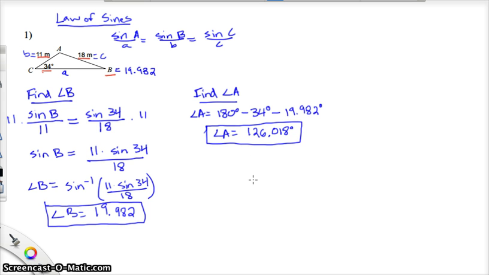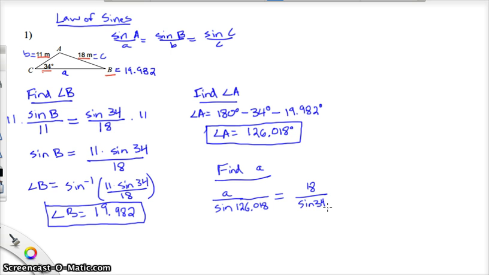So I'm going to use the law of sines again. Here I'm solving for a side, so I'm going to use the version of the law of sines that has my sides on top. So I'm going to say that side A over the sine of angle A, which is the sine of 126.018, equals 18 over the sine of 34.